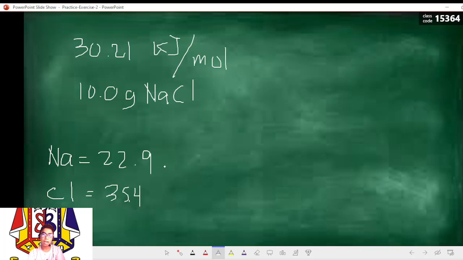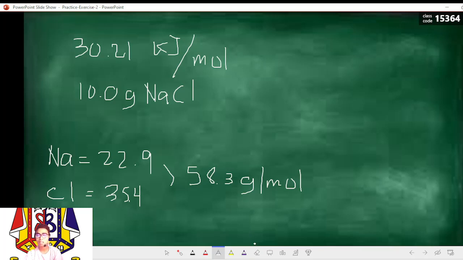If we add these two, we get 58.3 gram per mole. So this is the molar mass of sodium chloride. We are going to cancel the unit of grams from the 10 grams of sodium chloride.